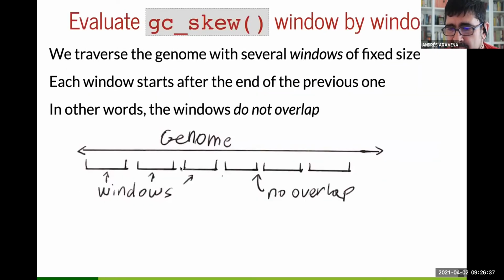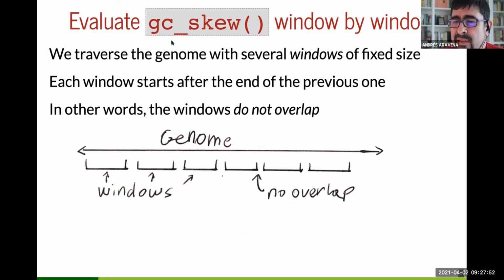It has a size from beginning to end: 300, 500, 1,000, 1 million, whatever. It can be big or small, but that is one parameter that tells you the size of the window. It is called size, okay? And then it can be at the beginning or at the end or in the middle, somewhere in the genome. That's called the position. Position is measured in base pairs.